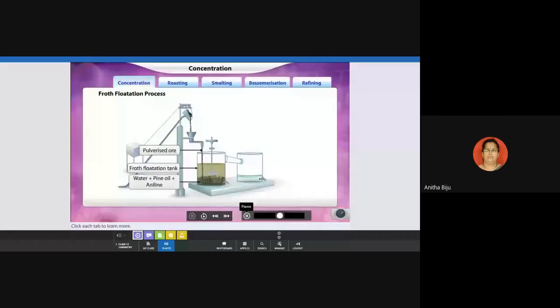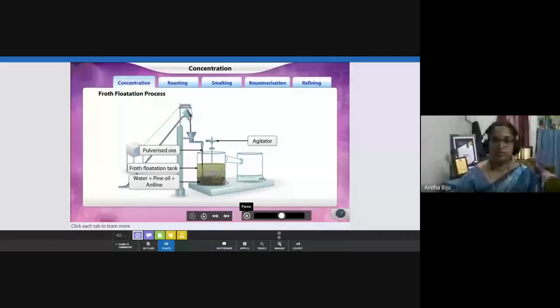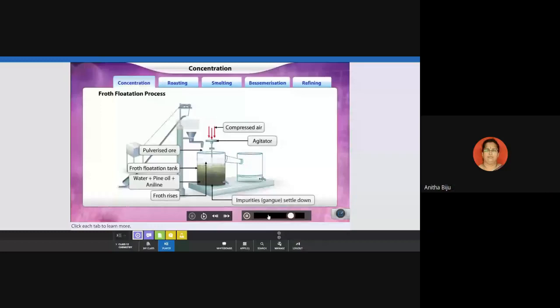A rotating paddle called the agitator mixes the contents in the tank. Compressed air is blown in, which creates froth in the mixture. The ore particles are wetted by pine oil and rise to the top in the froth. The impurities get wetted by water, become heavy, and settle at the bottom. They are removed periodically through an outlet.